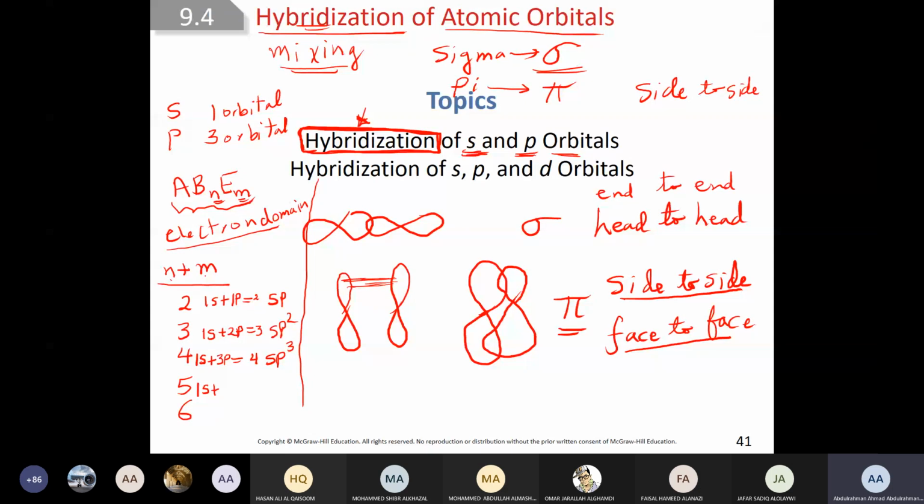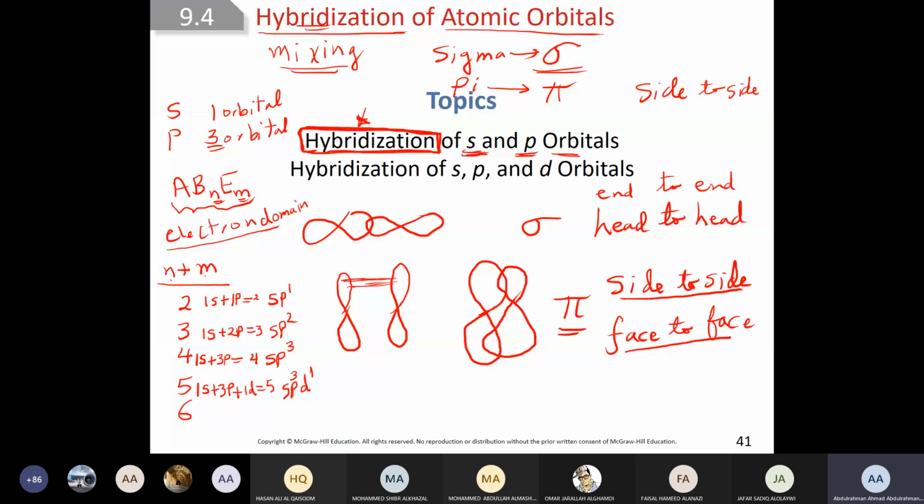The maximum p is 3, so only 3 will mix, but we need one more, plus one d orbital, to make 5. Each one is called sp3d1. You don't have to write d1, but if you don't write it, it's okay.